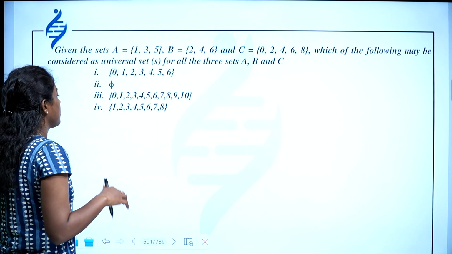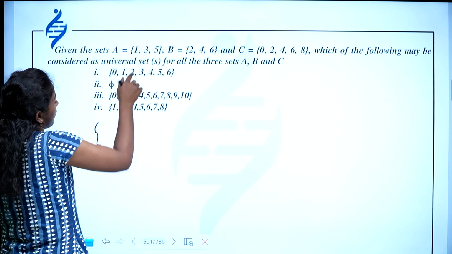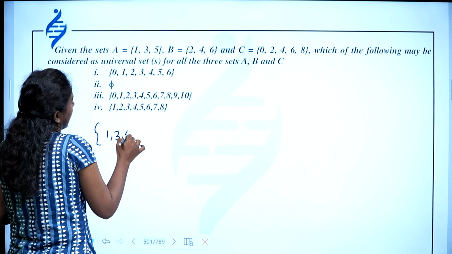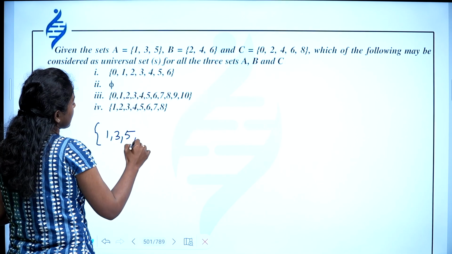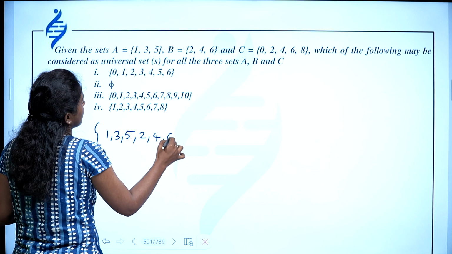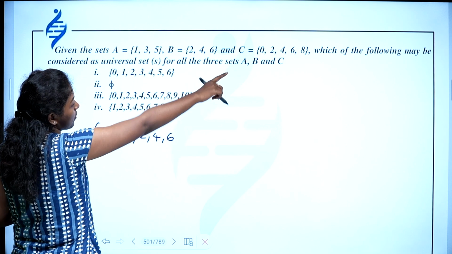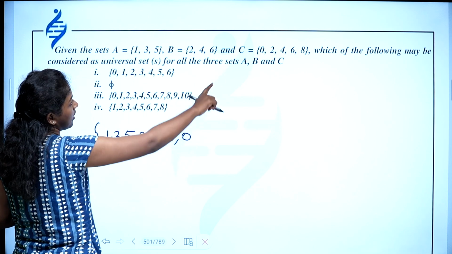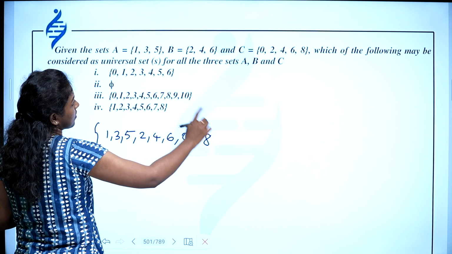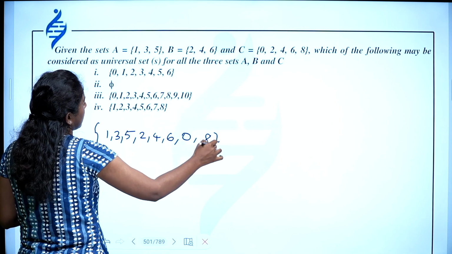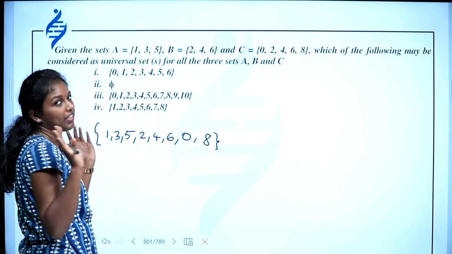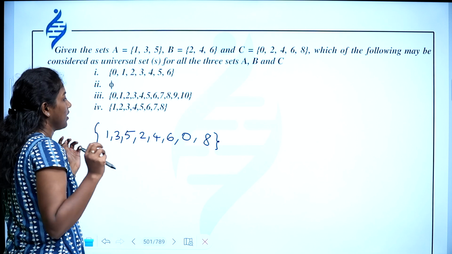So you have 1, 3, 5. Then 2, 4, 6. Then 0, 2, 4, 6. So you have to take 0. Then there is 8 also. Anyway, these elements should be there in our universal set.